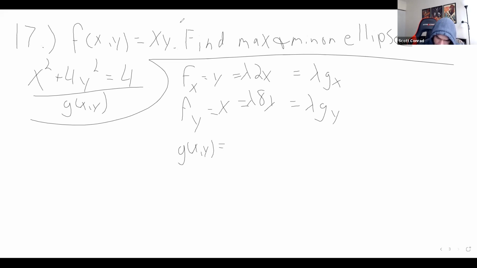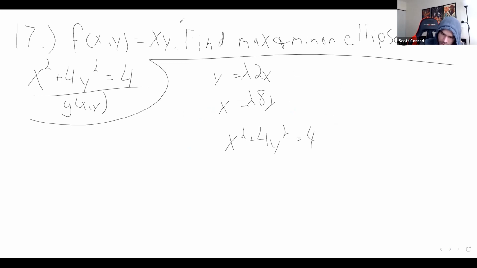And then it also has to satisfy our constraint equation, which is x squared plus 4y squared equals 4. All right. So these are the equations here.